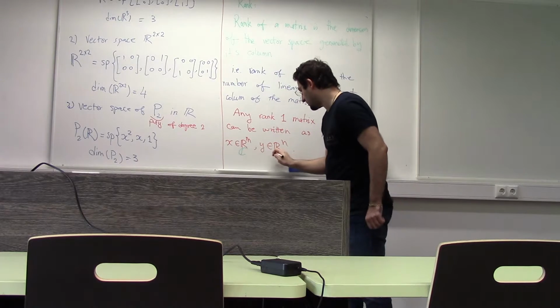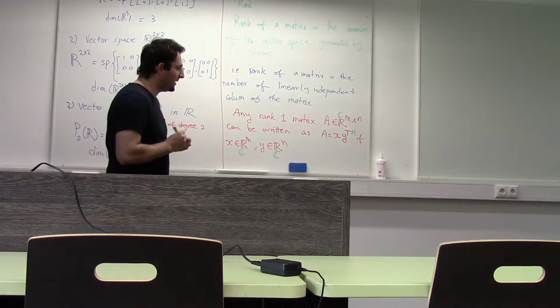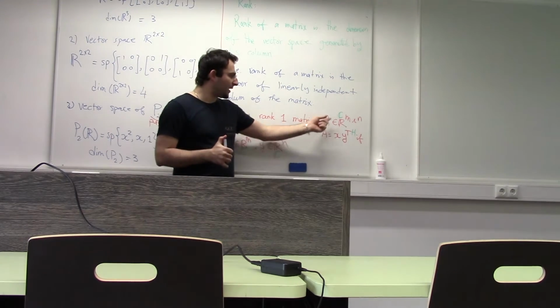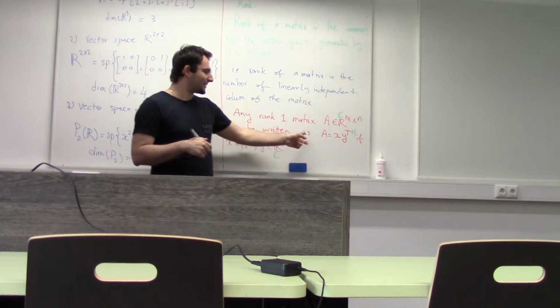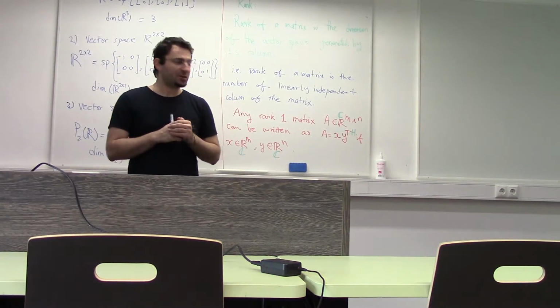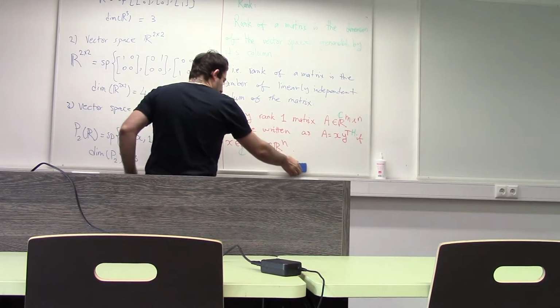We can actually generalize it by considering the complex form. Any rank 1 matrix A belonging to C^(m×n) can be written as A equals x y Hermitian, if x belongs to C^m and y belongs to C^n.